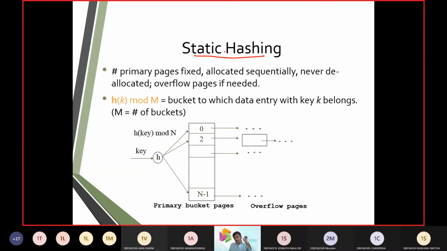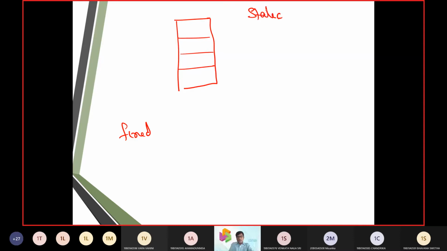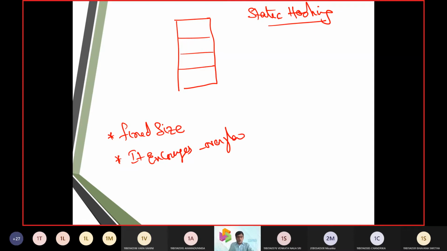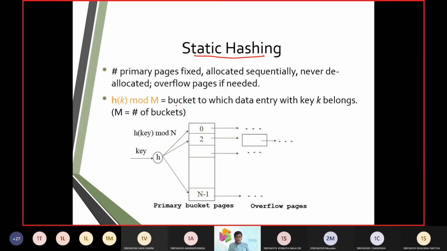In static hashing, the elements are of fixed size. One, it takes fixed size buckets. Second, it encourages overflow. Why does it encourage overflow? Because the size is static. Because the size is static, the buckets are going to be emphasized with an overflow area.